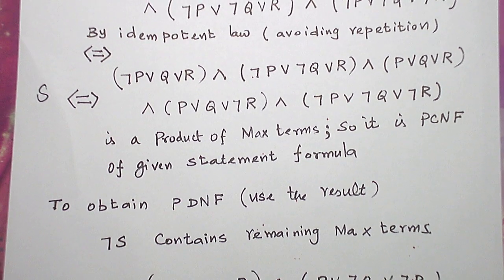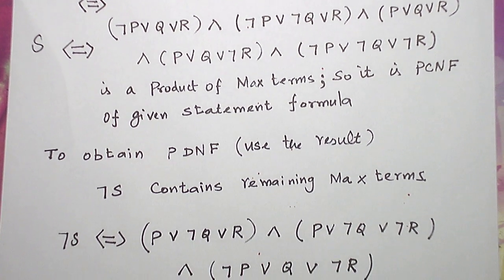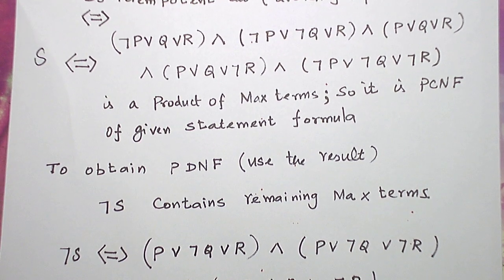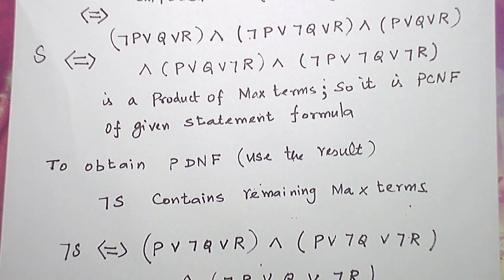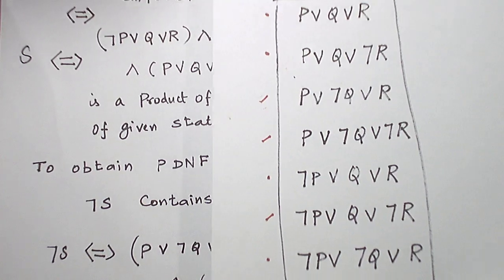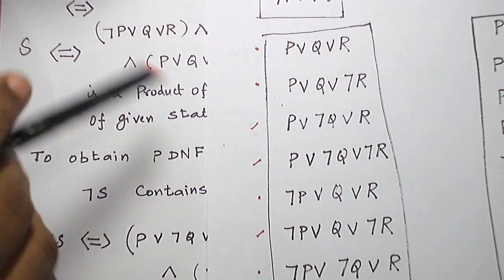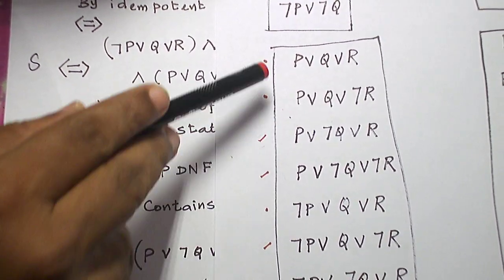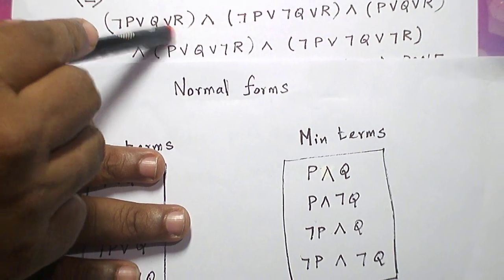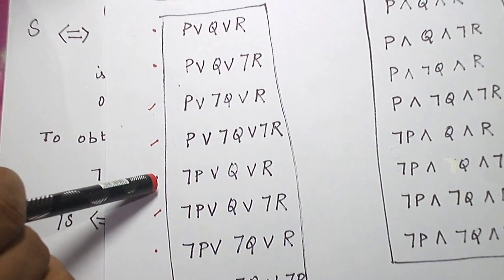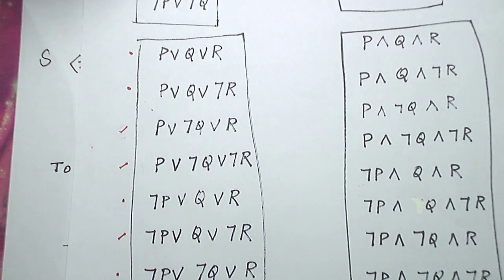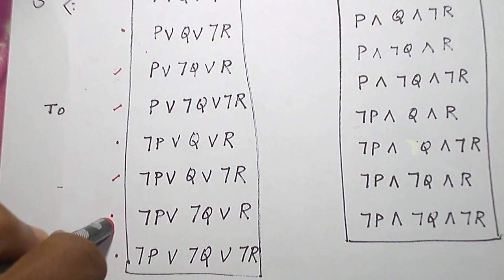Now to derive the other form, let us use a result. What is that result? If a statement formula has 5 max terms, then the negation of that statement formula will have the remaining 3 max terms. I have put a dot against the max terms appearing in the given statement formula. Negation P or Q or R, that is appearing, so I put a dot. Negation P or negation Q or R, a dot.